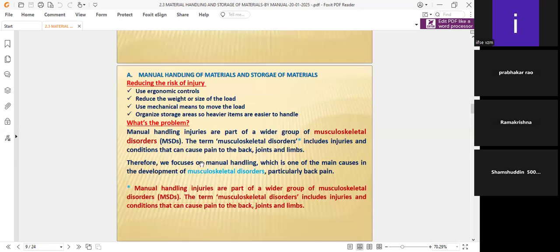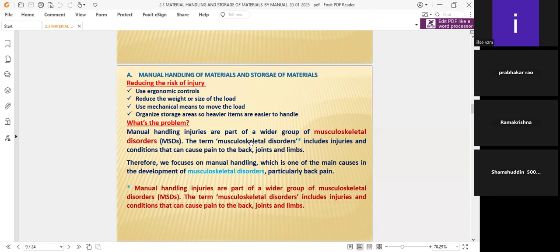What is the actual problem in manual handling? One very important thing is that manual handling injuries are part of a wide group of musculoskeletal disorders, that is MSDs, where organs of the body will be strained, either the spinal cord, the shoulders or the fingers.